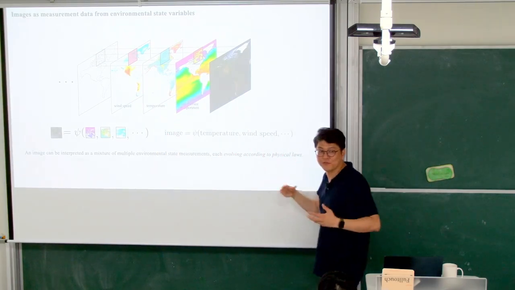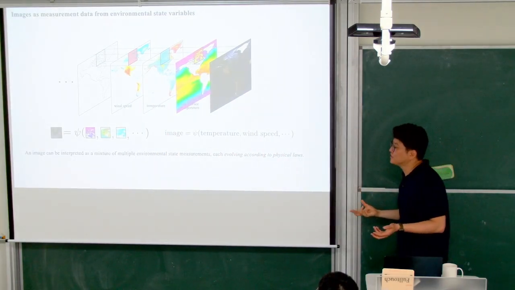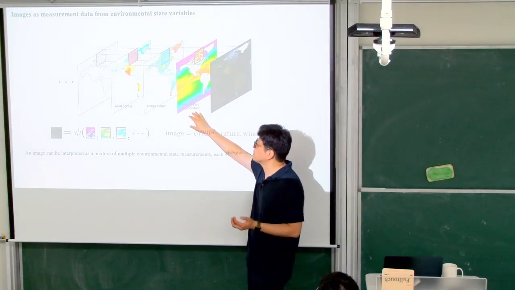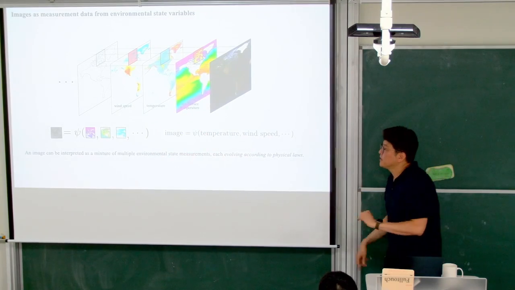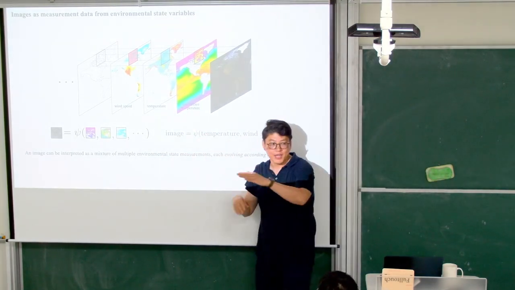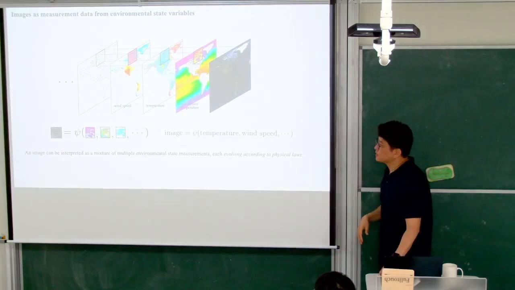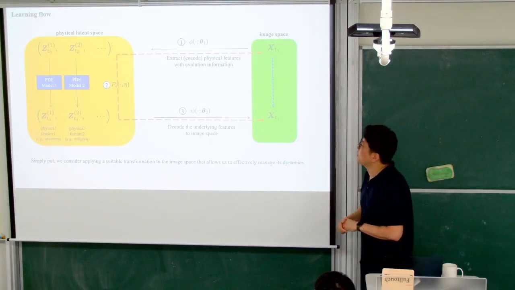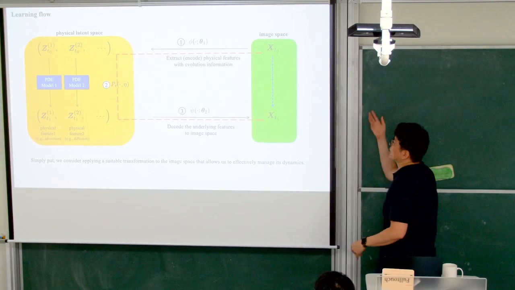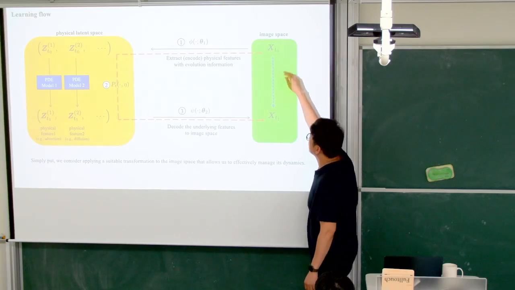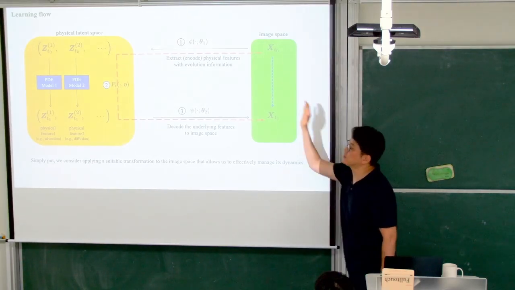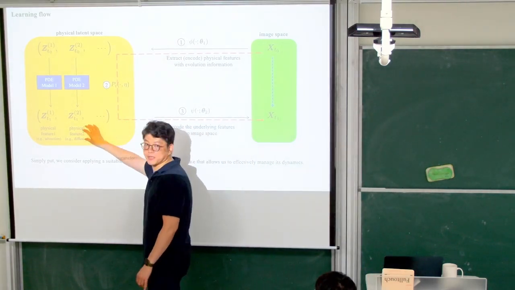So we can use some physical law like a PDE. For the case of the sea surface temperature or general temperature, it's kind of diffusion. For the case of the wind speed, it's like advection. So our learning flow does not directly learn the map from x_t0 to x_t1, but detours through a physical latent space.